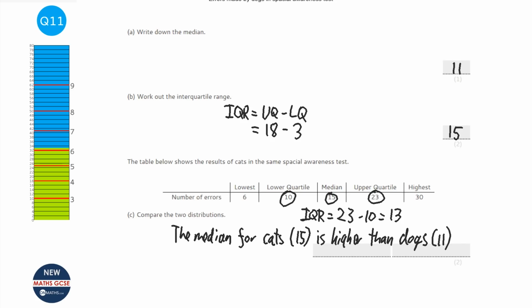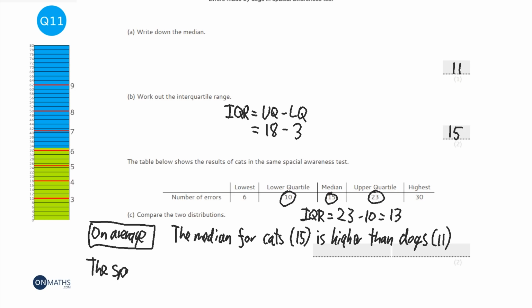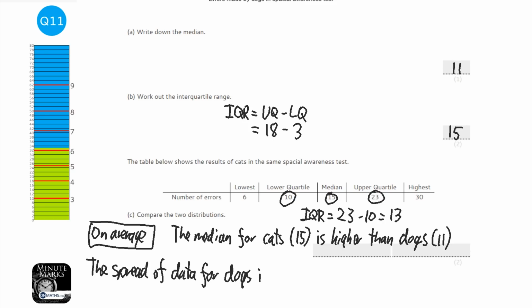The way of starting this sentence, so I said "on average", is kind of the way to start when you're comparing medians. For this one, you just say the spread of data for dogs is slightly higher than with cats.